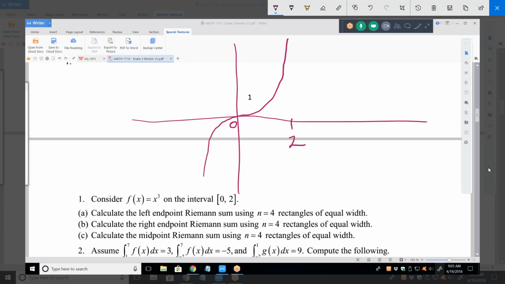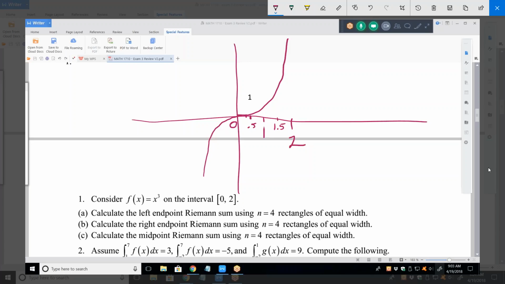Where does my first rectangle go? It would go from 0 to 0.5, and then 0.5 to 1, and then 1 to 1.5. We're going to call that 0.5, and that 1.5.